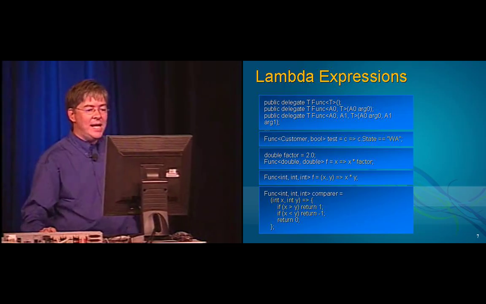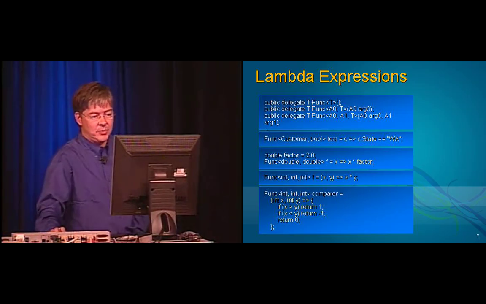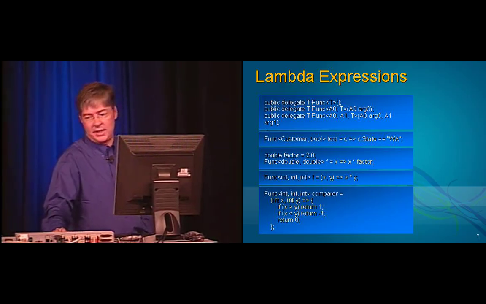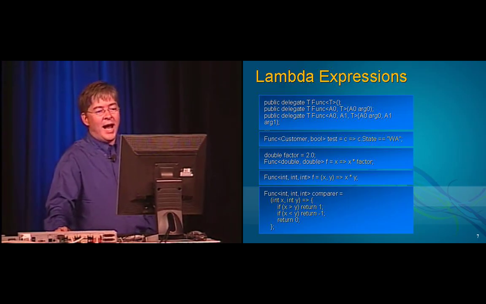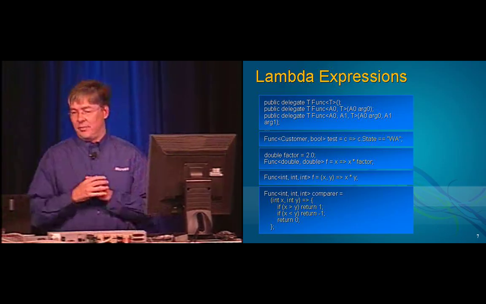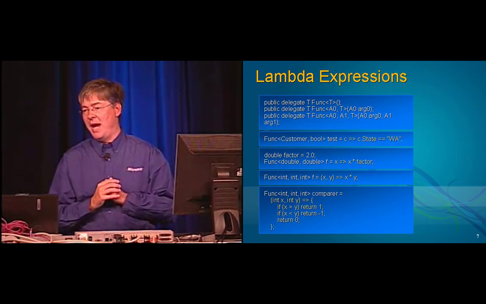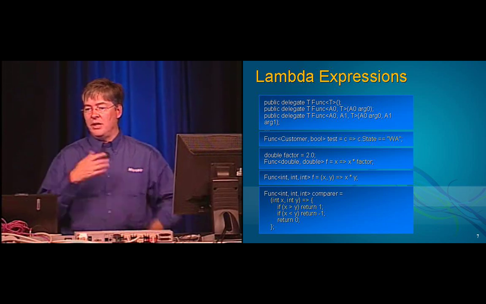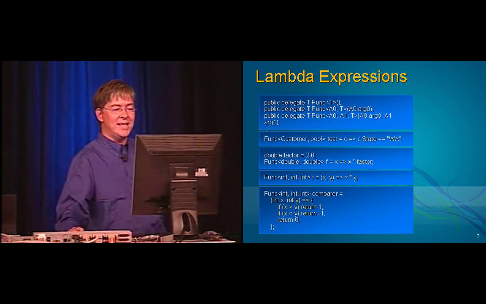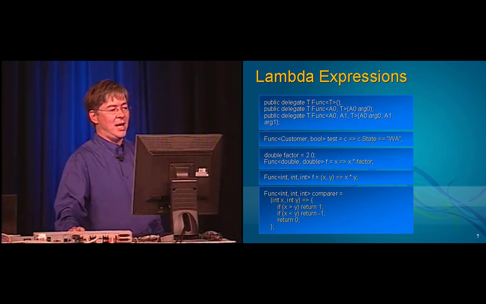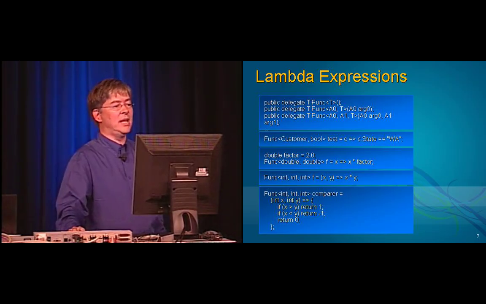Now, the way compilation of lambda expressions works is that when I write this lambda expression here, say c arrow c.state equals Washington, it, in and of itself, has no type, but it is a thing that is convertible to a compatible delegate type. And the way the conversion works is that we take first the argument type of the delegate, in this case Customer, and we make that the type of c.